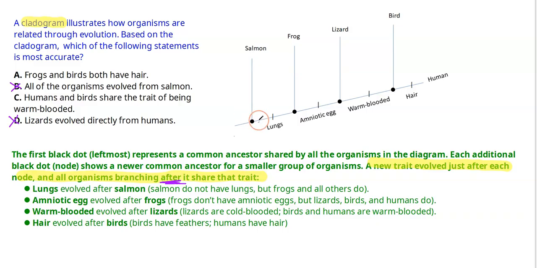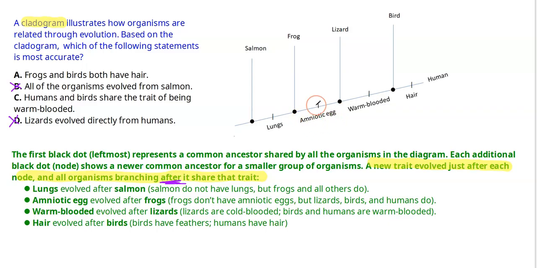So we have this common ancestor way back in time. Lungs were developed. And then we move along the main line, and there's another common ancestor here. What trait developed after this common ancestor? Well, it is the amniotic egg.